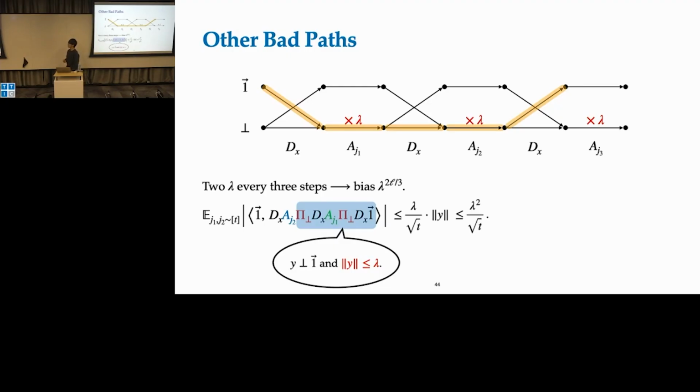So once we do this for basically all such bad paths, there are not too many of these bad paths, so we can just do a union bound here. I won't go into the details there, but here's our final expander walk. We are able to show that for any fixed vector in the base code, most sequences of the graphs are good.